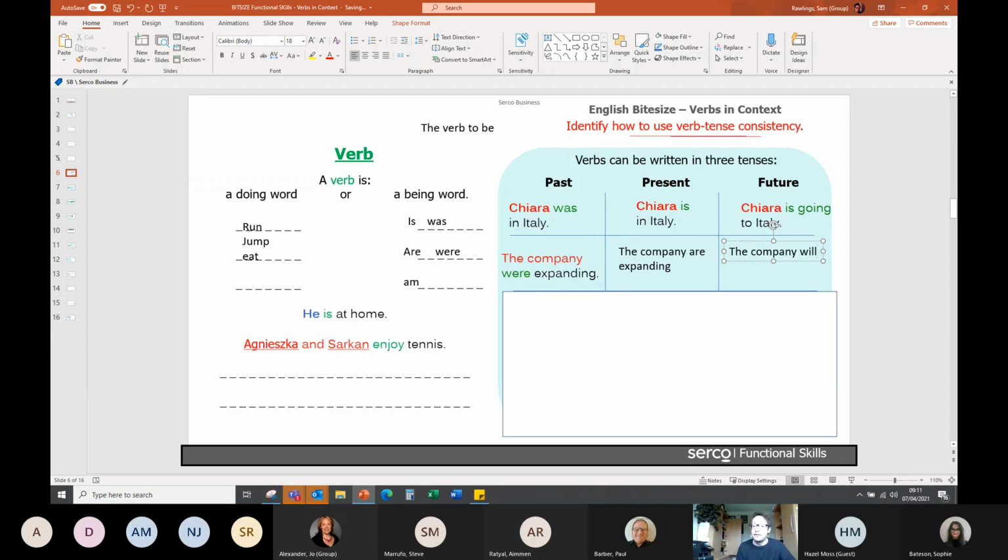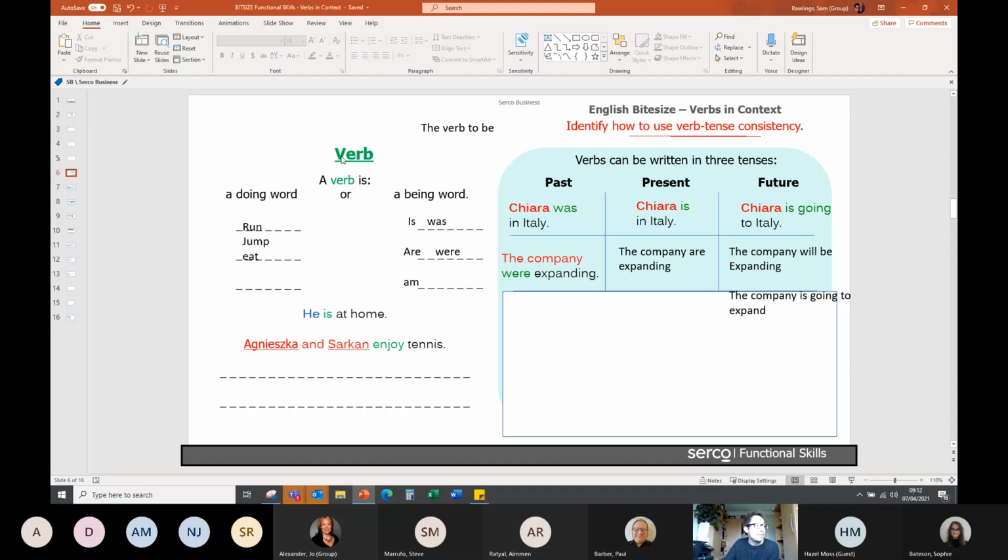Like I said, there is different versions of past, present or future tenses. So the company will be expanding, or we could say the company is going to expand. So again, there's different forms of future tense. But like I say, I won't go into why we use those in this lesson, but that is certainly something which you could explore if you want to.